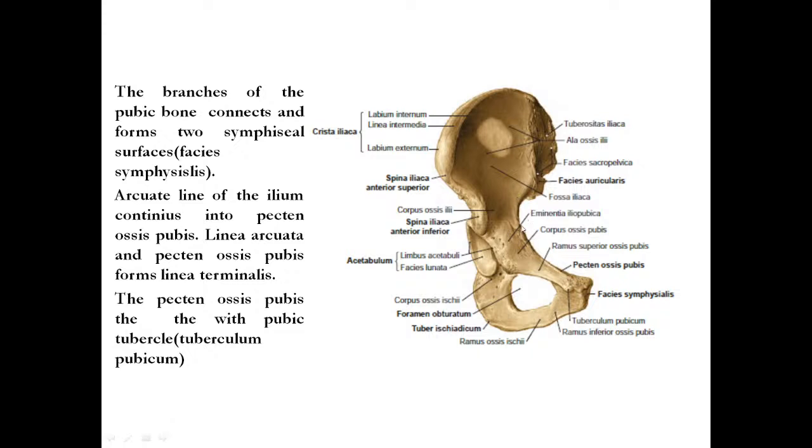Linea arcuata, arcuate, and pecten ossis pubis form the linea terminalis. The pecten ossis pubis ends with the pubic tubercle, this is tuberculum pubicum.